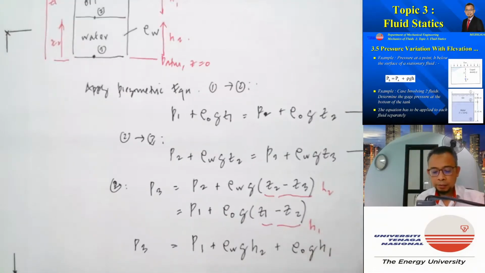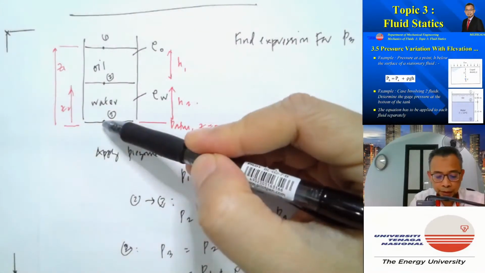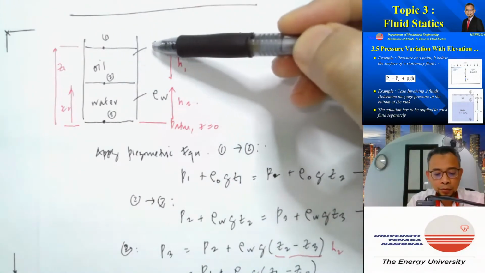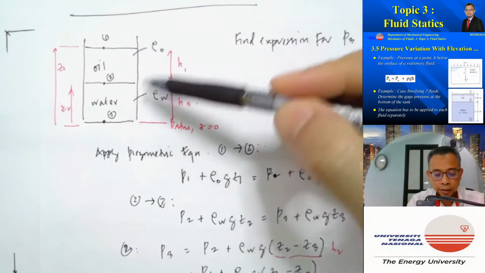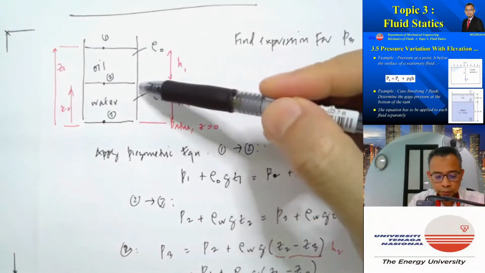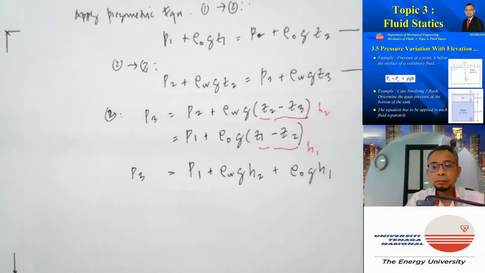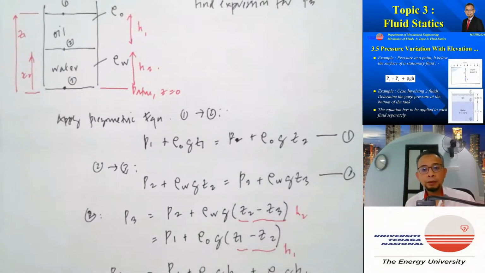Right. So basically, P3 is equal to P1 plus rho oil G H1, the elevation difference here, plus rho water G H2, the elevation difference here. Please take note that we can only apply the isometric equation within the same fluid.